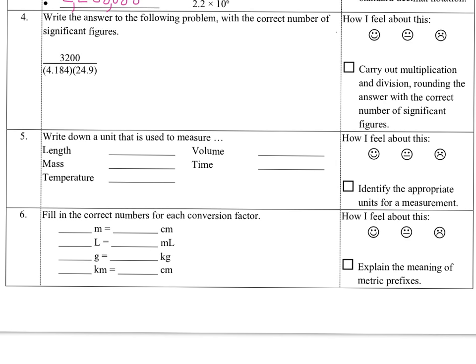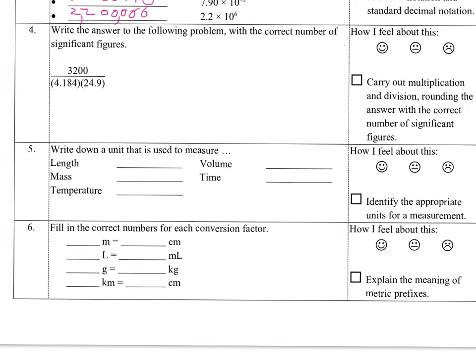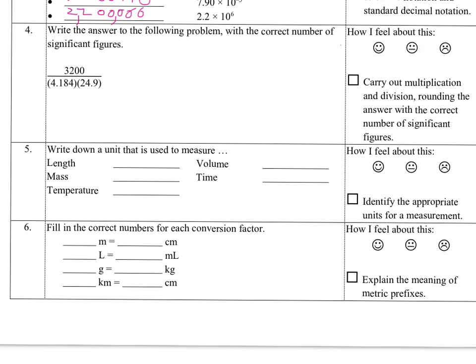And the answer is 30.7155961. Okay, this has 2 significant digits, this has 4 significant digits, this has 3 significant digits. I'm dividing and multiplying. I get 2 in my answer, so my answer is 31. Okay?